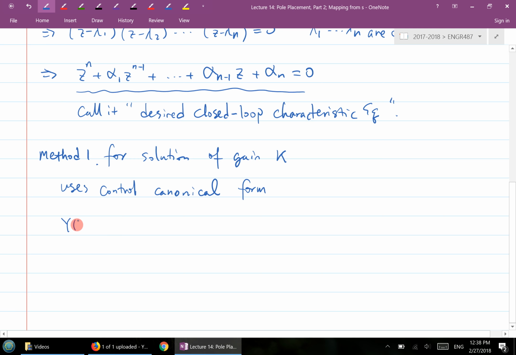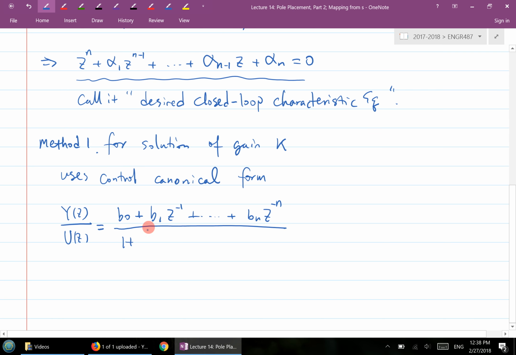So let's say, for example, we have a pulse transfer function. I'm going to use the most general format here. So we have a pulse transfer function in the format like this.